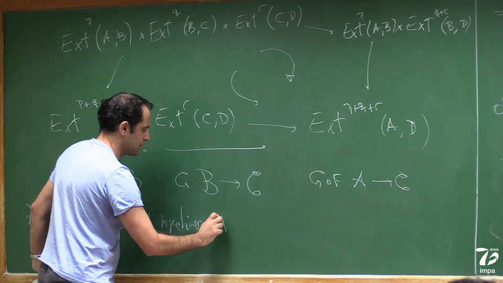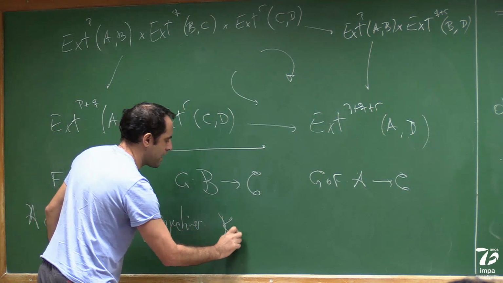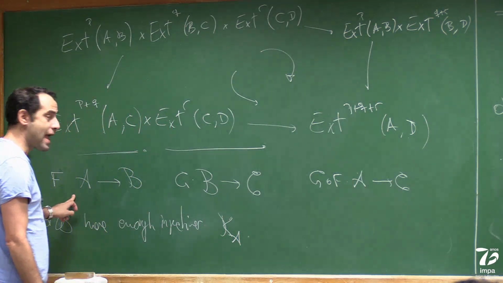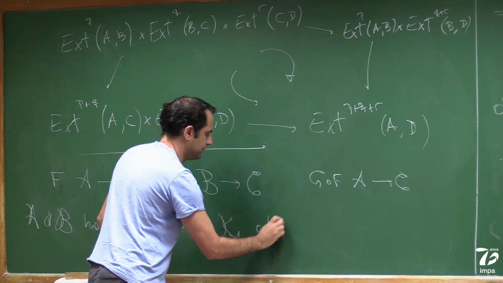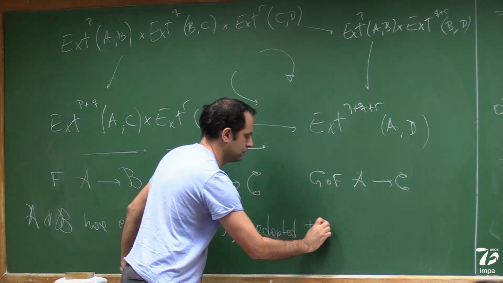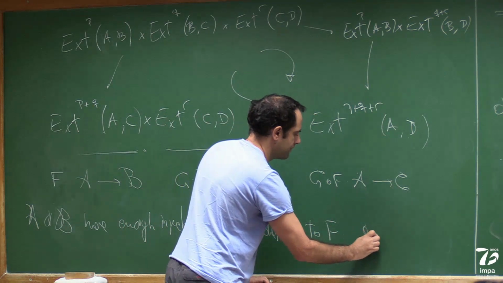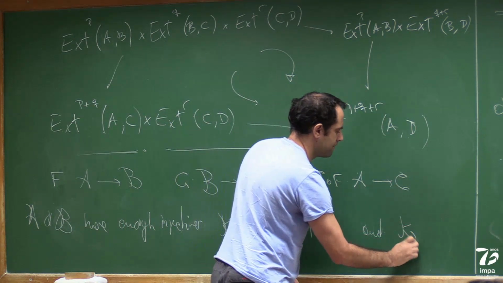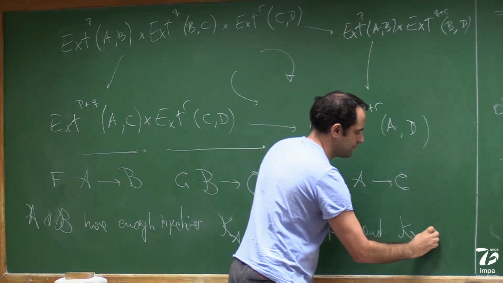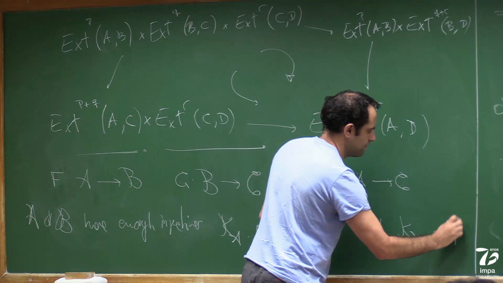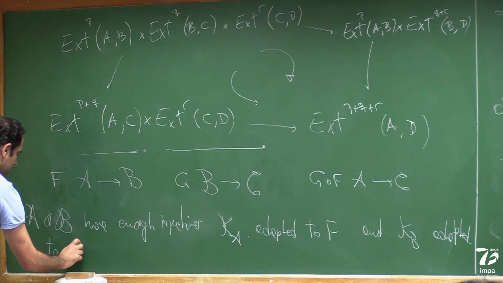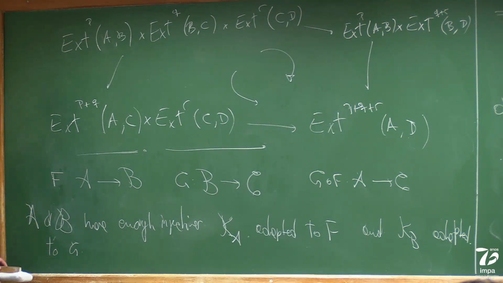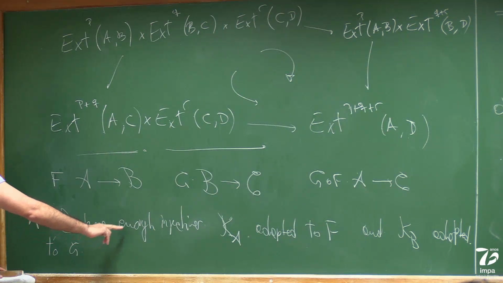And let's take some K_A, some category in A adapted to F, and some K_B adapted to G. And let's make the stronger assumption that F sends objects in K_A to K_B.